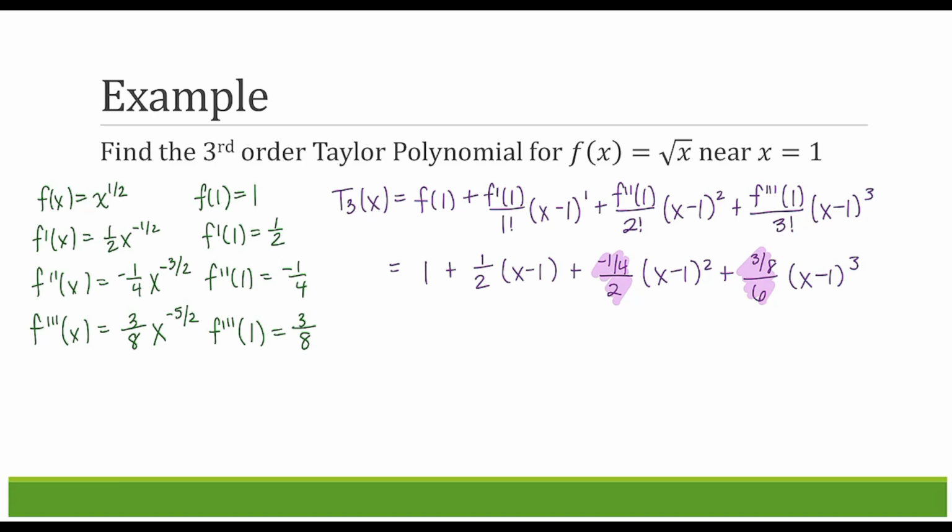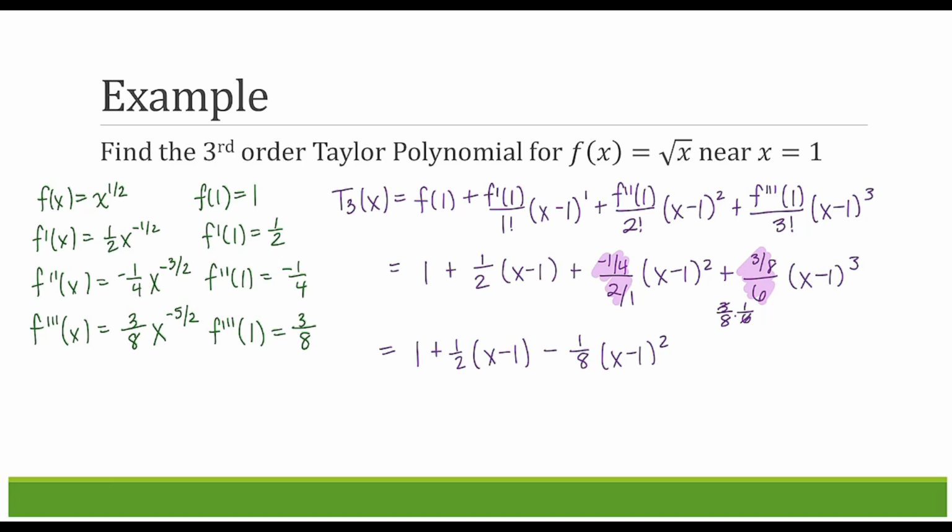So the other two parts are fine, so we have 1 plus 1/2 times x minus 1, and then this is going to be minus, so here 1/4 divided by 2 is like 1/4 times 1/2, so we're going to have minus 1/8 x minus 1 squared. And then here, 3/8 over 6, well, that's 3/8 times, instead of dividing by 6, multiplying by 1 over 6.